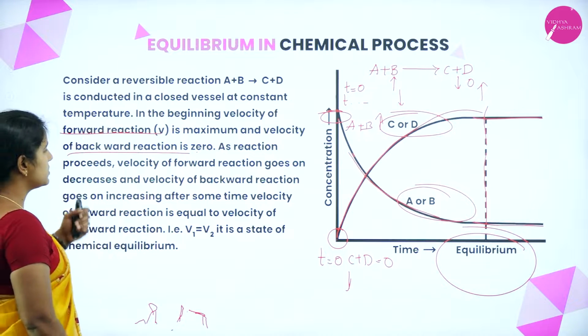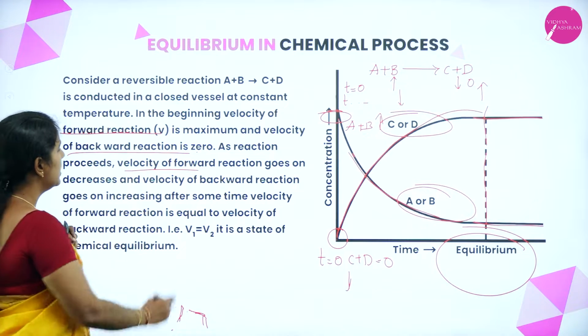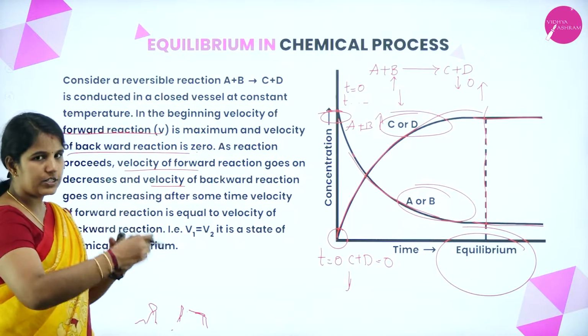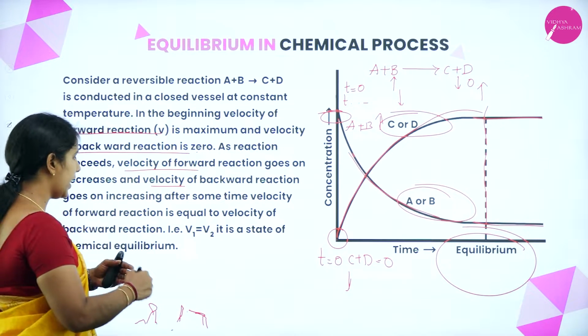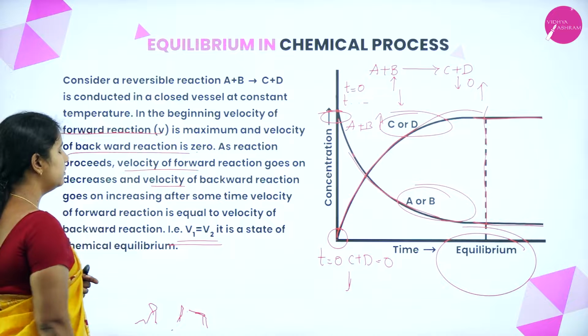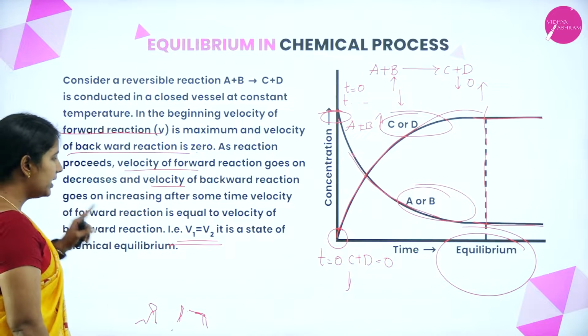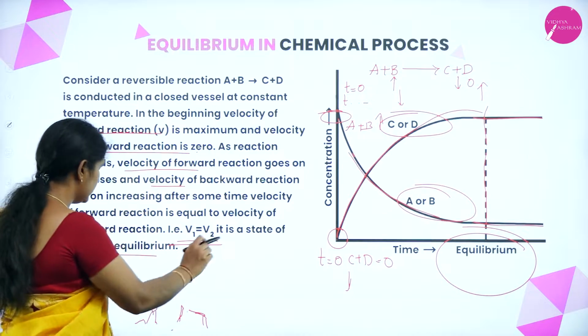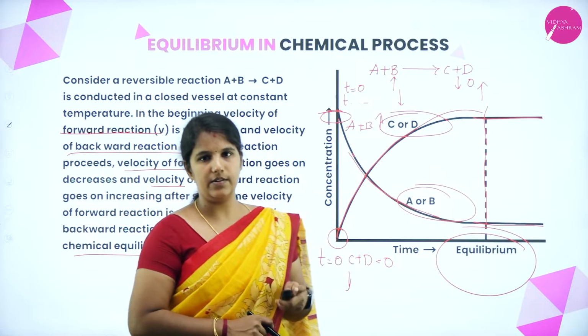As the reaction proceeds, the velocity of the forward reaction decreases, but the velocity of the backward reaction increases. After some time, at a particular instant, the velocity of the forward reaction will be equal to the velocity of the backward reaction. That state we call the state of chemical equilibrium.